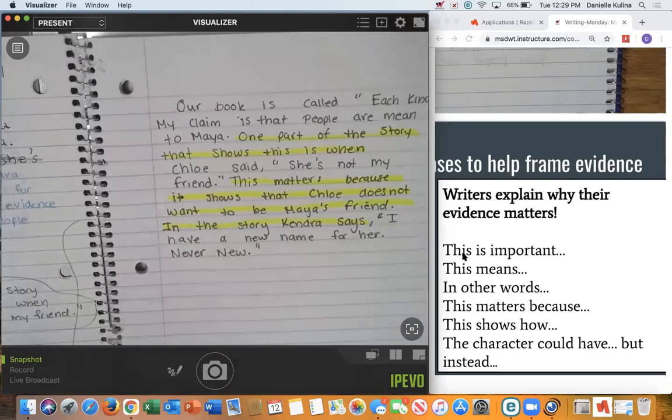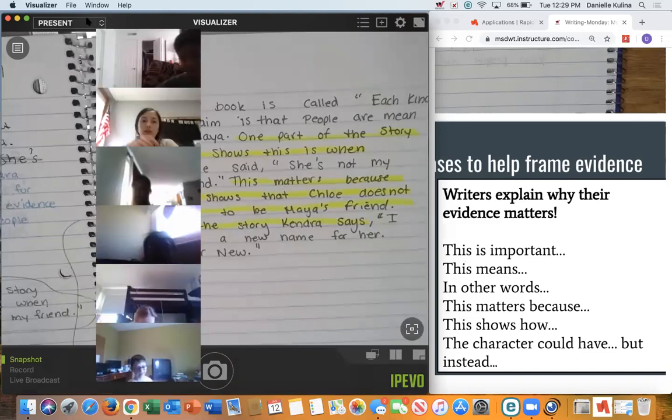This means, in other words, this shows how the character could have, but instead. Does someone want to pick a transition phrase for us to use for this sentence? Who wants to pick one from my box showing? Susan.